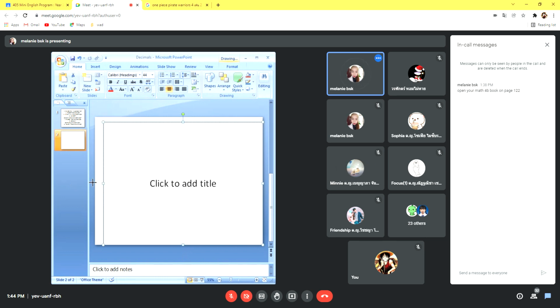We're going to have some samples on page 122 of the math book. We're going to have number 1. So we have 52 and 43 hundredths.